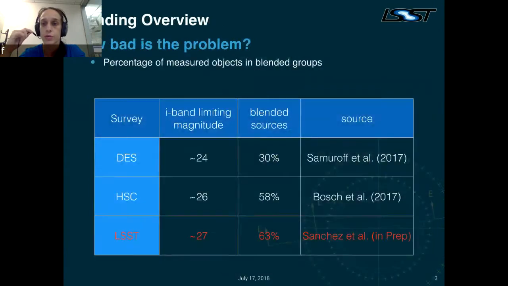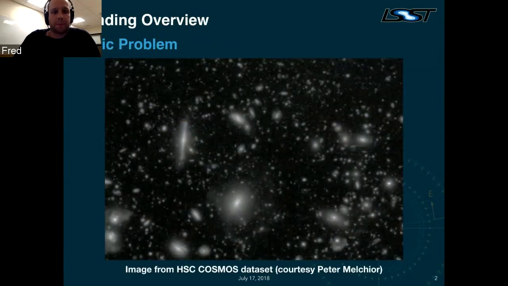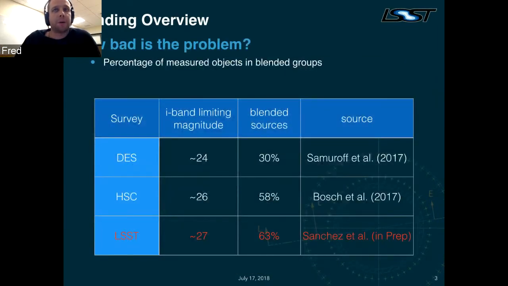It's different depending on which paper you're looking at. I can't recall what DES's criteria was. I think in the HSC paper they just looked at footprints, with a certain threshold that they set for how large a footprint is allowed to grow.